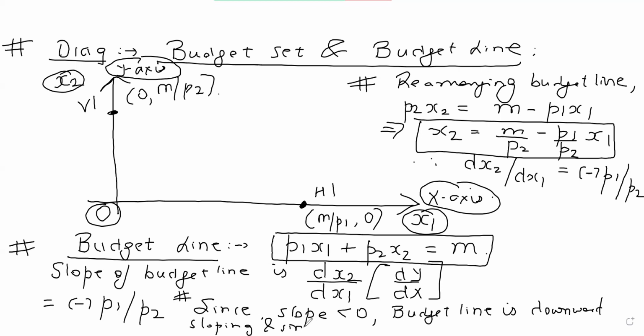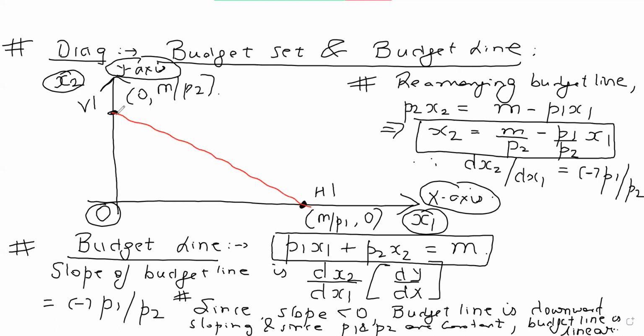And since P1 and P2 are constant, the budget line is linear. Remember, whenever the slope is constant, it's a linear line. So when I join these 2 points, I get the budget line. The red line is my budget line.